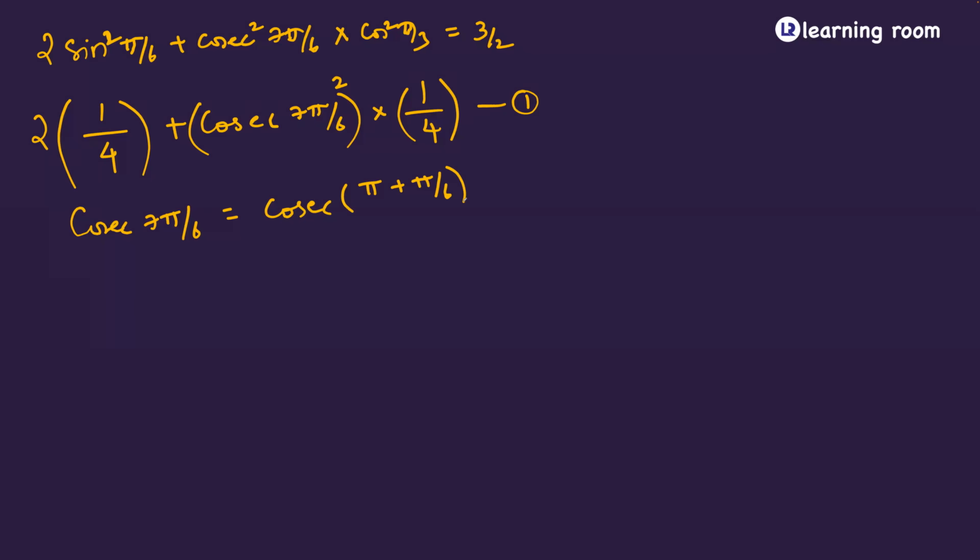Pi plus pi by 6. So cosecant of pi plus pi by 6. Pi plus, which quadrant are you landing in? 2 pi plus is the first quadrant. Pi plus is the third quadrant. In the third quadrant, cosecant is minus cosecant of pi by 6.